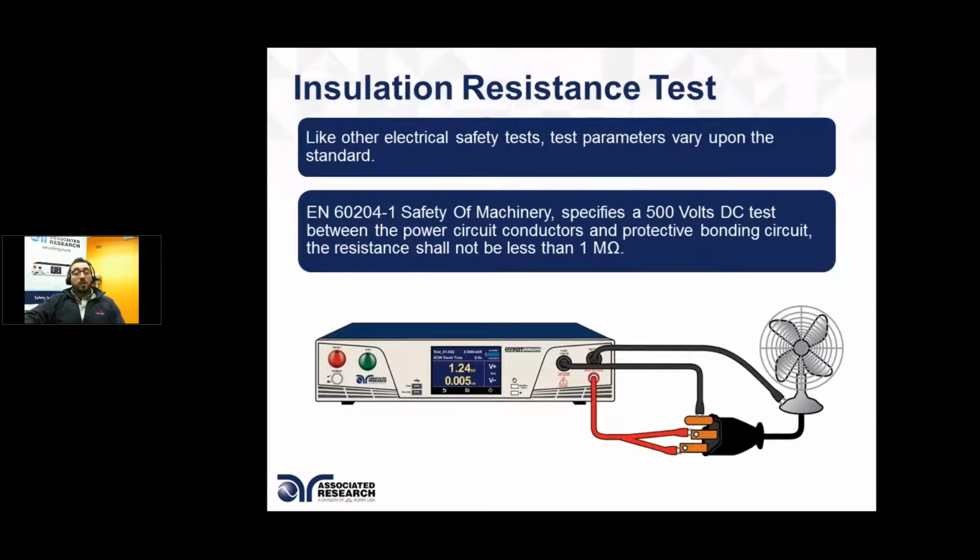In this case, you want to set up your insulation resistance test such that if the resistance measurement falls below the 1 megaohm value, the test should result in a failure. And most insulation resistance testers are programmable, and you can definitely set up the failure thresholds to catch any type of failures that occur during the insulation resistance tests.